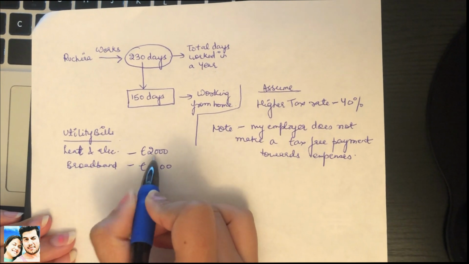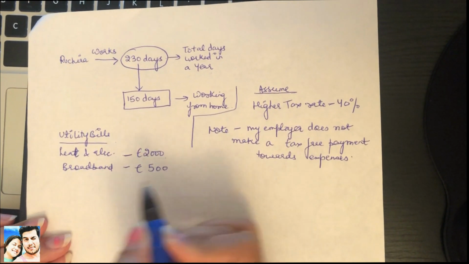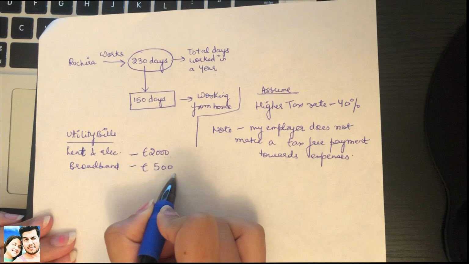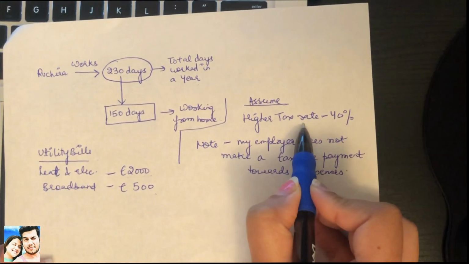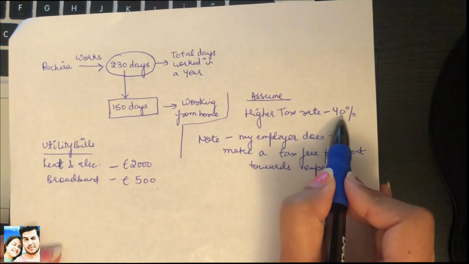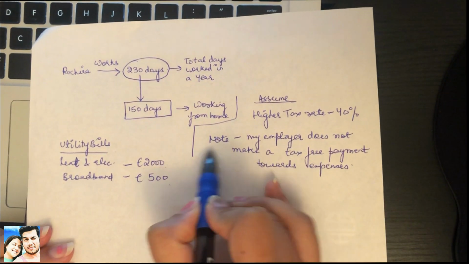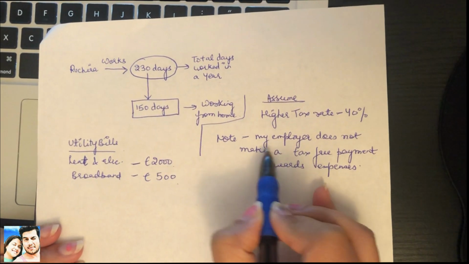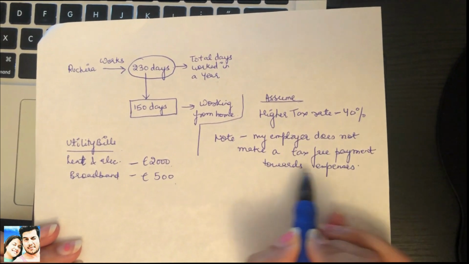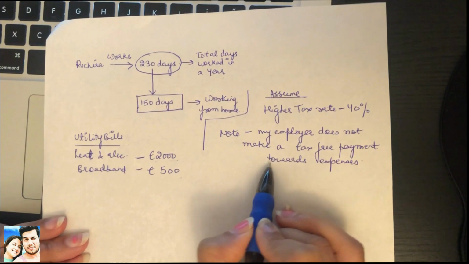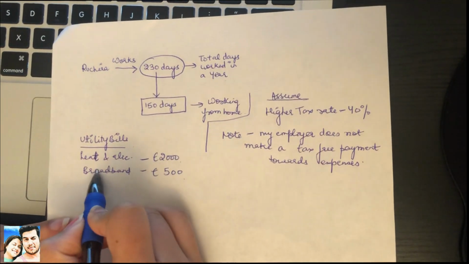So let's assume I've paid 2000 for heat and electricity, and for broadband I've paid 500. Some of the things we are assuming are a higher tax rate. Let's say I'm paying a higher tax rate of 40%. And there's a note that my employer does not make a tax-free payment towards expenses.